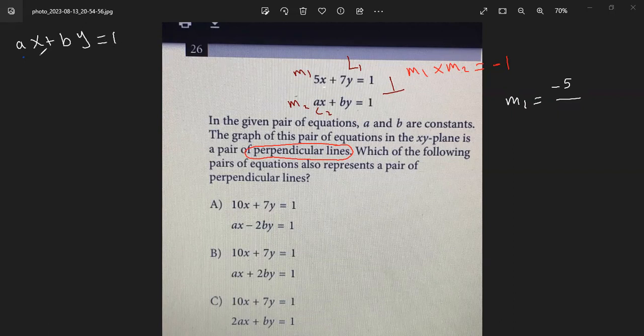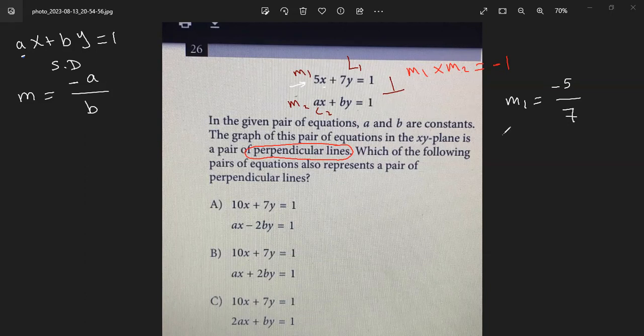X and y must be on the same side of the equation. This is called the standard form equation of a straight line. So the slope rule is the negative coefficient of x, which is represented by a here, over the coefficient of y. So for number 1, the slope m1 is negative 5 over 7.